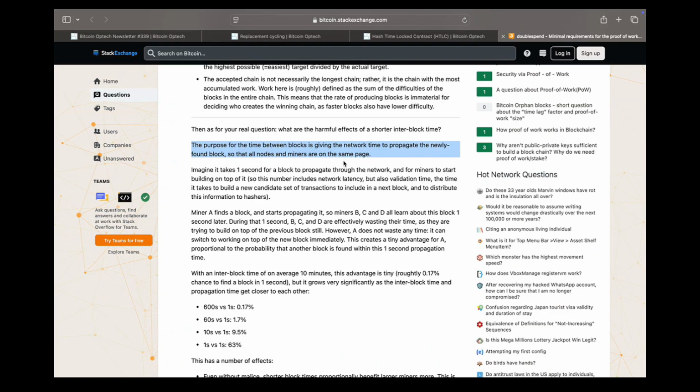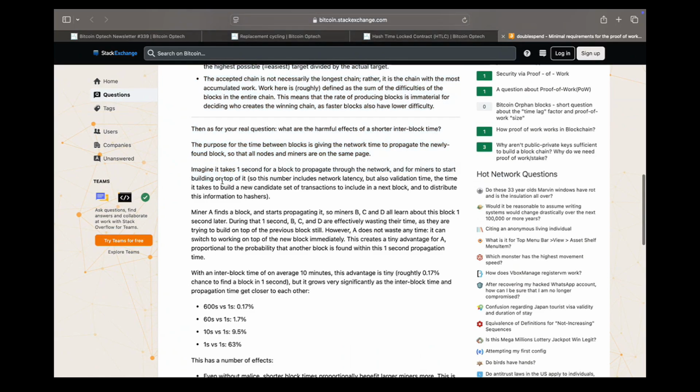So that 10 minutes is an adequate amount of time for all the nodes on the network to get informed about a block being mined, right? So that is why we give a space of 10 minutes, so that in 10 minutes we are certain that every active participant of the network gets the information that a block has been mined. So that before the second block is mined, there is a consensus among all the node runners.